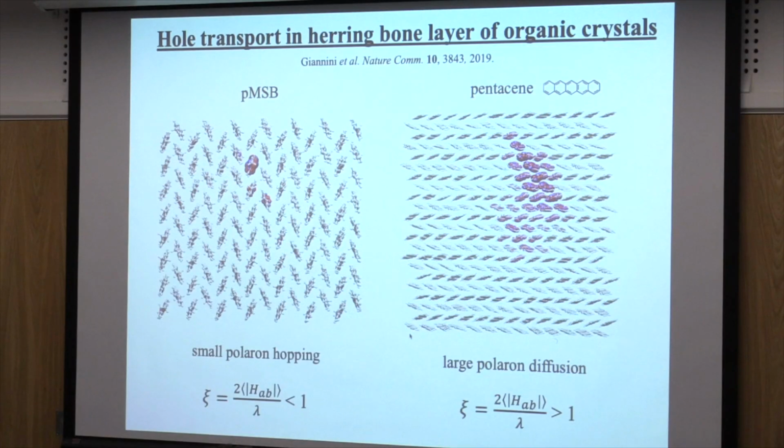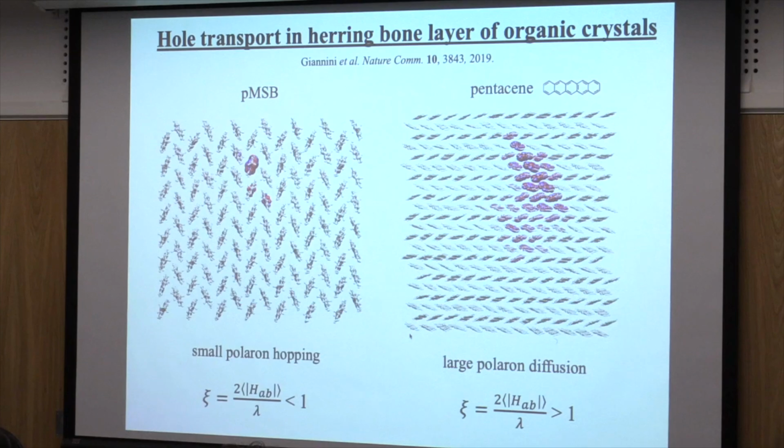And this is not a coincidence, because this is actually the T1 direction of pentacene. This is the direction where the electronic coupling is the largest. But still, you see that this polaron is delocalized over roughly 10 to 15 molecules, but not over more molecules. And the reason is precisely this disorder.